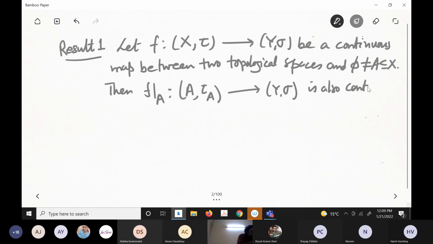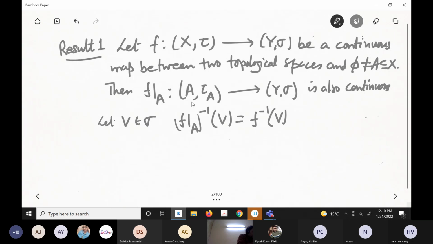Look, consider the inverse image of an open set in Y. The proof is very simple. Let V belong to sigma. Then you can easily check that its inverse image under the restriction is f inverse of V, but since you are restricting to A, it has to be the intersection with A. But f inverse of V belongs to tau, since f is continuous, so this belongs to tau_A. That is exactly what was needed to prove.